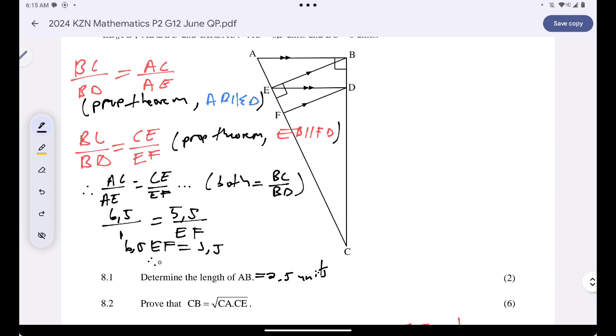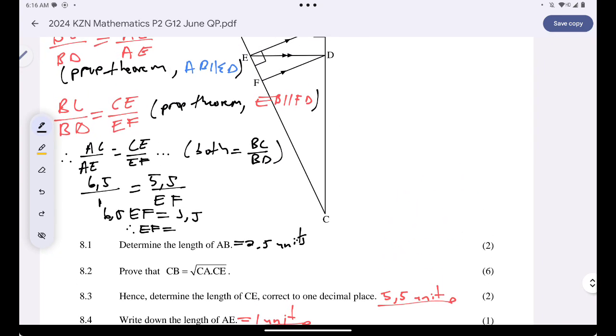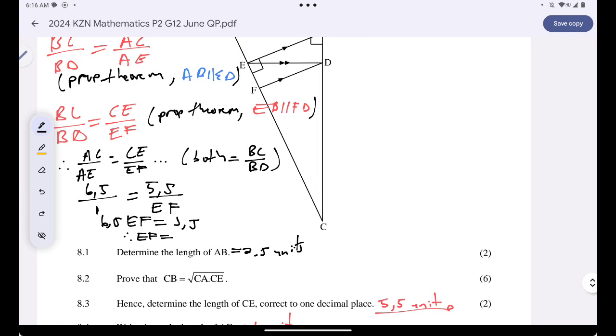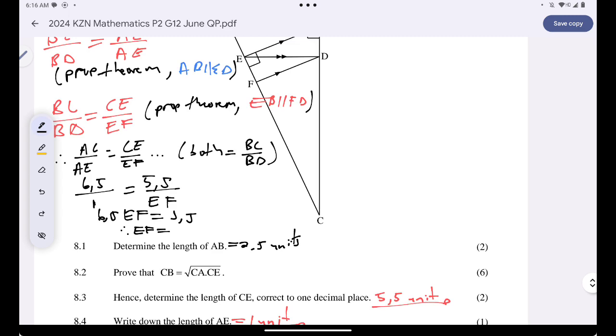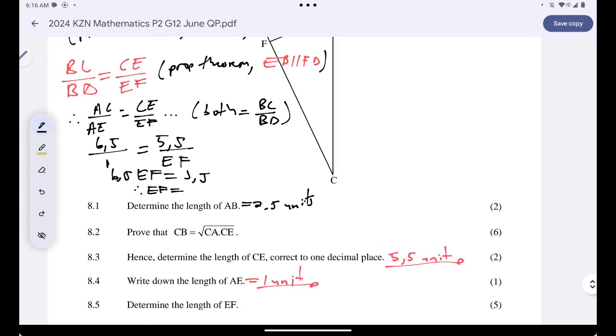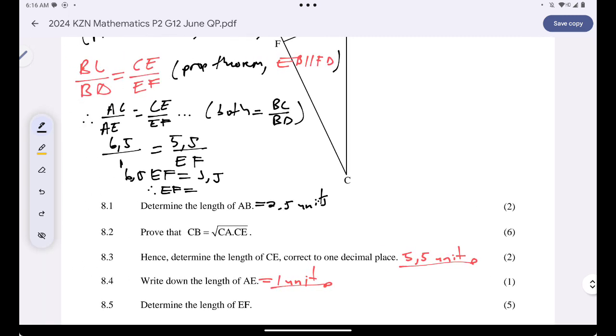So therefore, EF will be equal to 11 over 13.